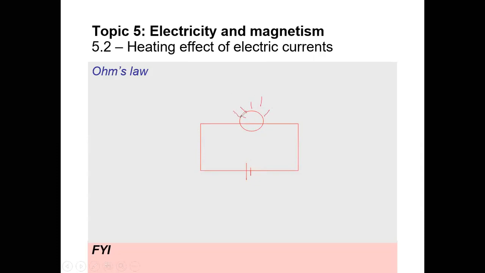This is negative, this is positive. See now, if it is 6 volt, and here another one, 12 volt.